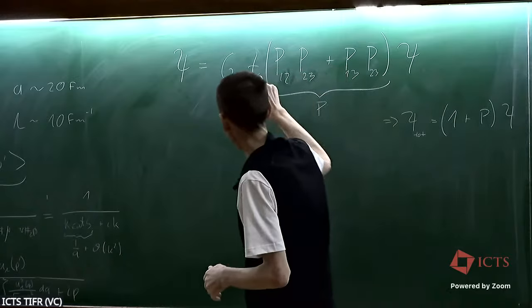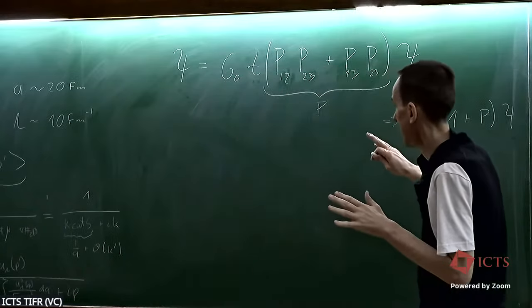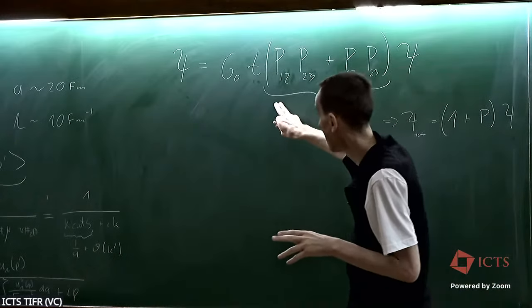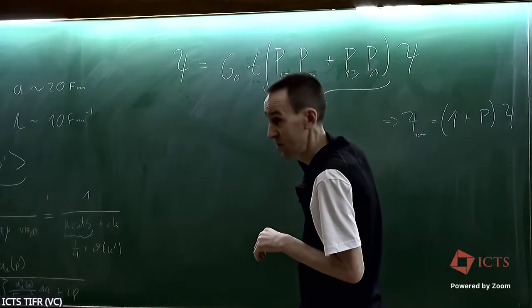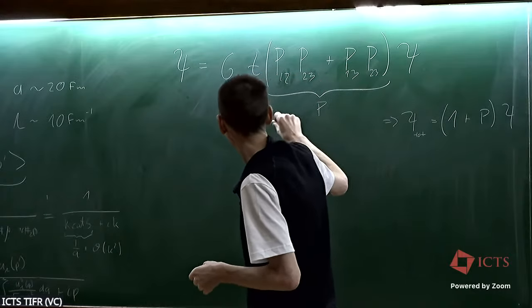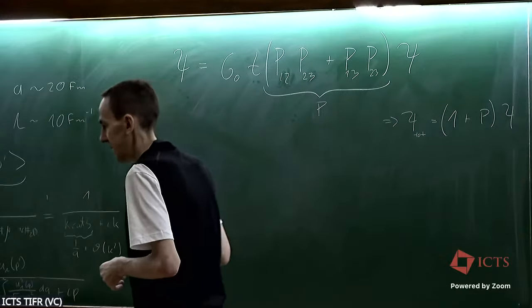Again, it's a straightforward, nevertheless very complicated exercise to write this down in momentum representation, and for the sake of time, I skip that and just write out what we get from that.